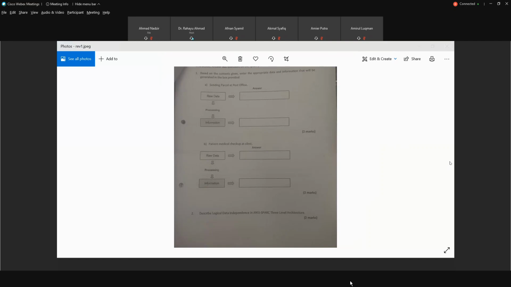Okay, Leong says raw data is patient number, patient name. I don't know what you say for information. Chin says raw data is name, information is treatment. Yes. Treatment you have to do some process, because you want to know the drugs and so on.